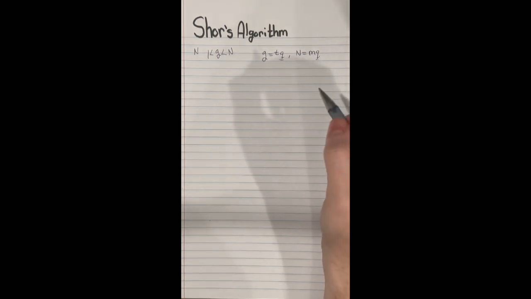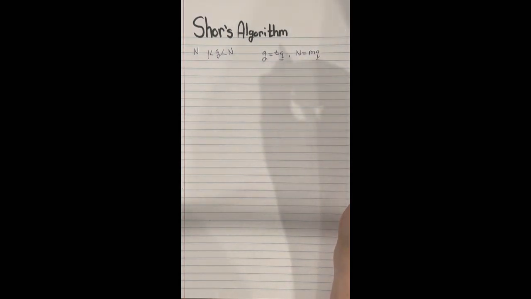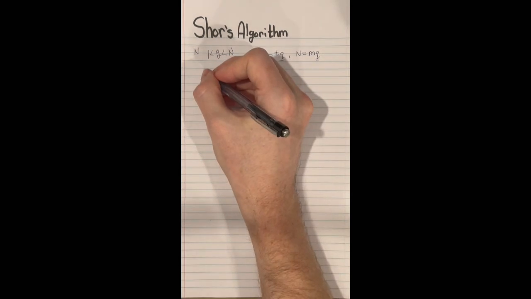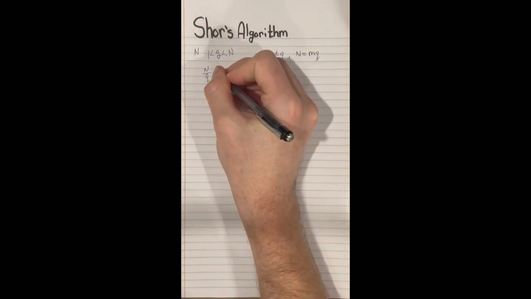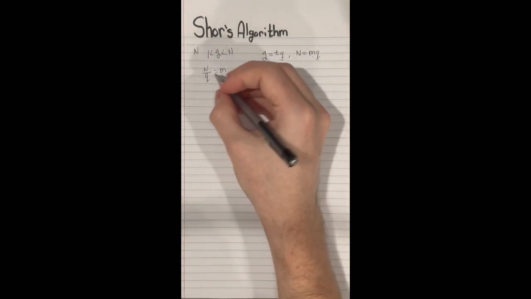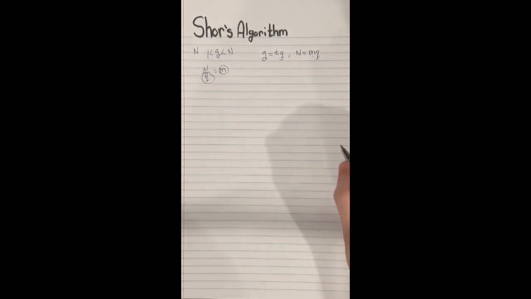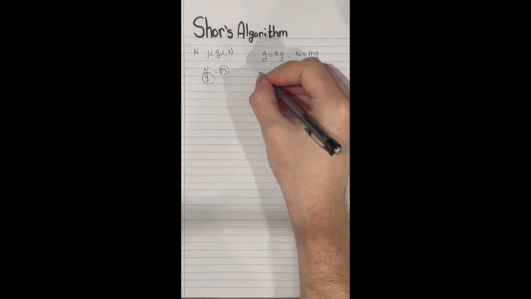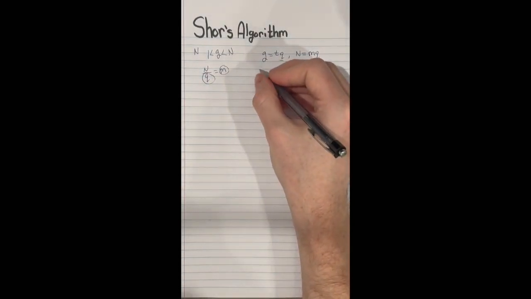This is because if g and n share a factor, and we find that common factor, then we found a factor of n. In the case where n is a semi-prime number, we simply do n divided by q, which gives us m from here, and now we're done. We found our two prime factors of n. Therefore, once we have a guess g, we simply need to compute the greatest common factor between n and g.